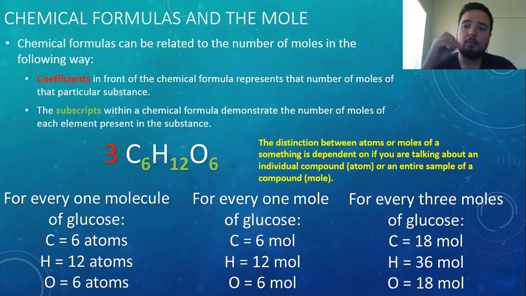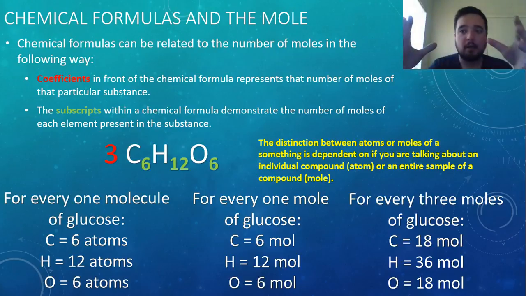So this distinction between atoms or moles of something is dependent on what you are talking about. Do you have a glucose molecule that you're looking at individually, and you're counting up the number of atoms there? Or do you have a pile of sugar that's a mole of glucose, and then you're trying to count up the amount of atoms that way?